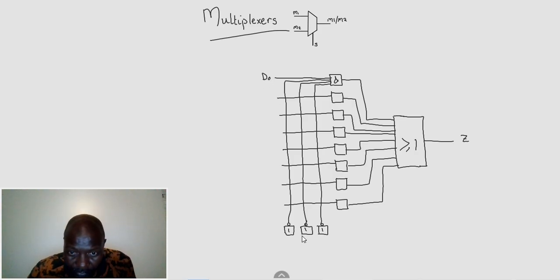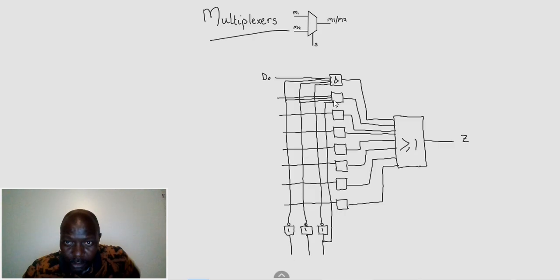And then the next one will be 0 0 and 1. So that one there is going to come direct from that, so the 1 can go straight.